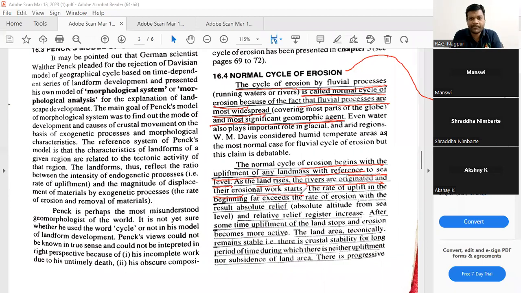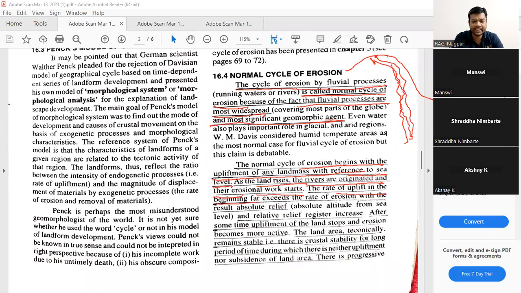Suppose from this point the river has originated and a small flow has started here like this. It has actually started the erosion.